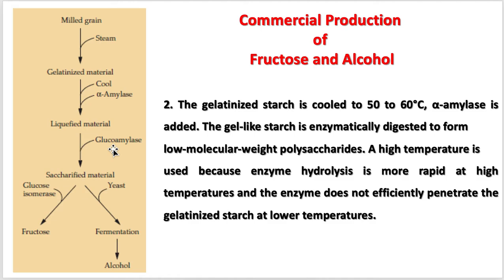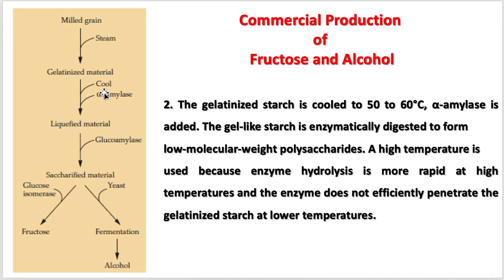How? First we have to identify those points which are increasing the cost. One I have already said, that these enzymes like glucoamylase, alpha amylase or glucose isomerase are themselves costly. Then look at this process. First we use steam, then cool it down. Why do we need to cool it down?